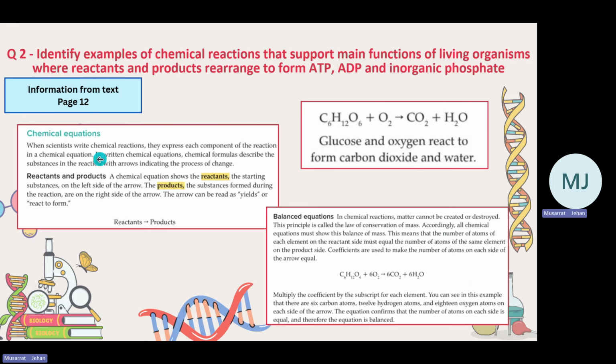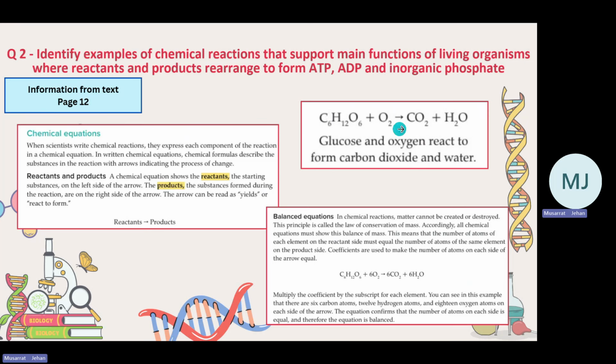When scientists write chemical reactions, they express each component of the reaction in a chemical equation. In a written chemical equation, the chemical formulas describe the substances, and the arrow describes that these substances are reacting to form other substances.